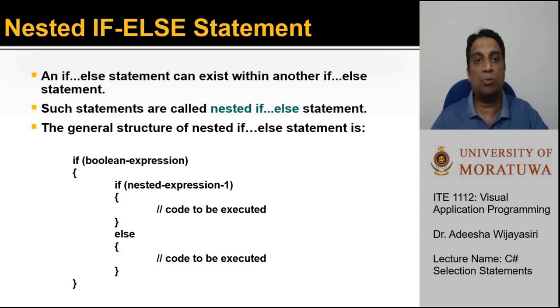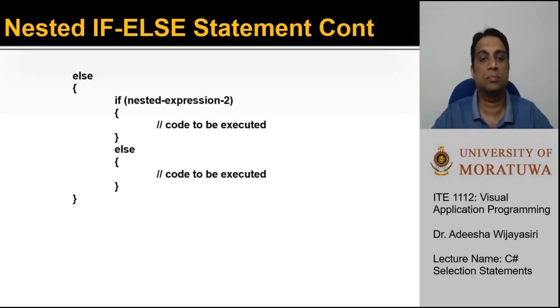Inside the code block of the outer if clause, we can include another set of if-else statements. We can extend this further by including another nested if-else inside already existing nested if-else as well. Also, we can include nested if-else in the else clause as shown here.